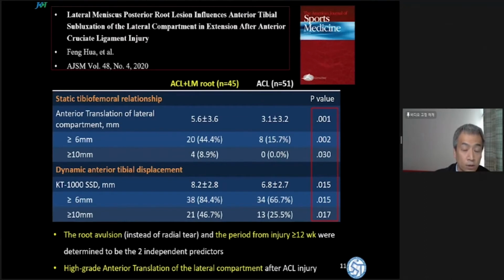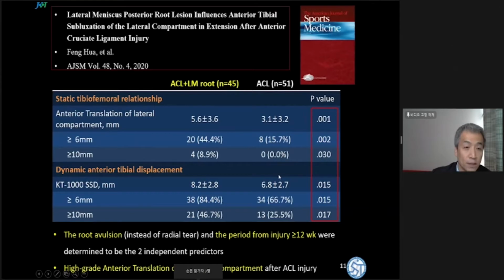We also compared ACL injury combined with lateral meniscus injury against isolated ACL injury, and found the anterior translation of the tibia is significantly higher, almost 6 millimeters compared to 3 millimeters. The KT1000 measurement is also different, 8 millimeters compared to 6.8 millimeters.